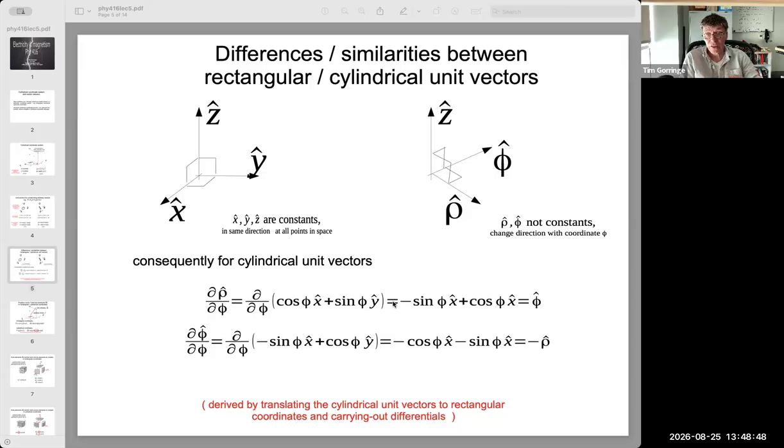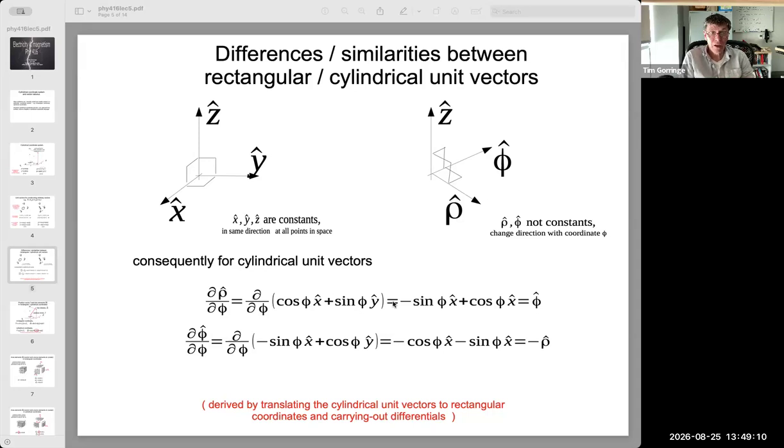So as you walk around in phi in cylindrical coordinates, so you're walking around the z-axis, the directions of the rho and the phi unit vectors of cylindrical coordinates are changing, they're rotating on you. And the question is, by how much do they change?